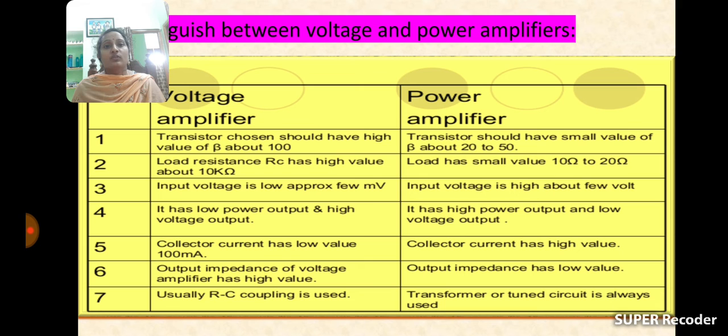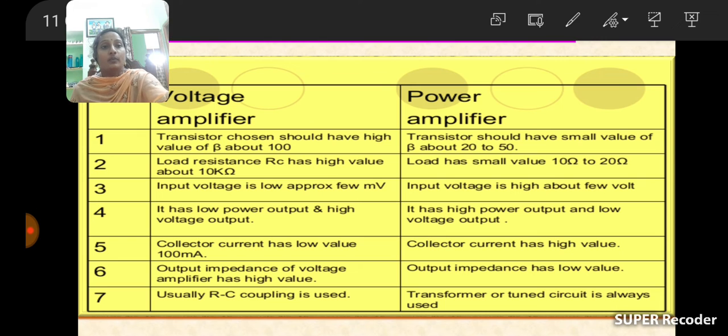Now coming to the difference between voltage amplifiers and power amplifiers: a voltage amplifier has a gain value, that means beta, of about 100. What is the gain of a voltage amplifier? 100. But the power amplifier, compared to the voltage amplifier, has less gain, that means the beta value lies between only 20 to 50.